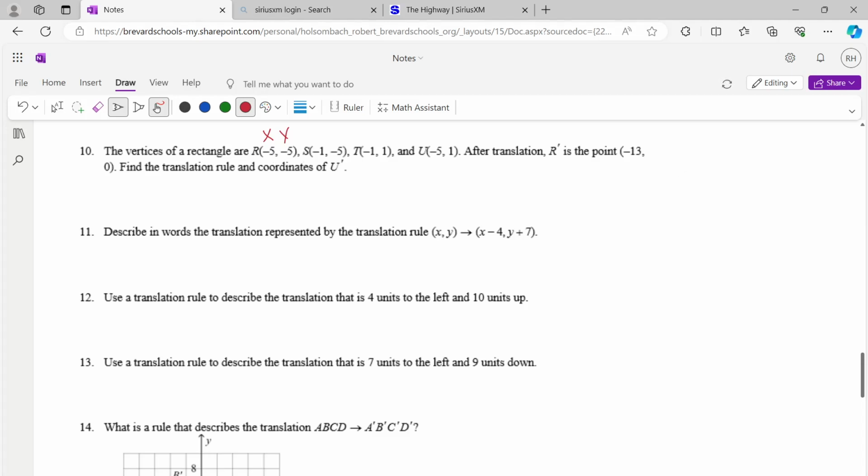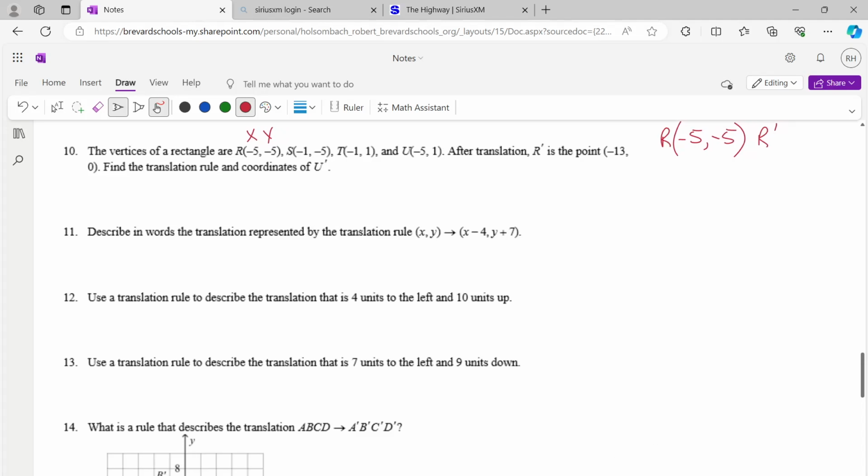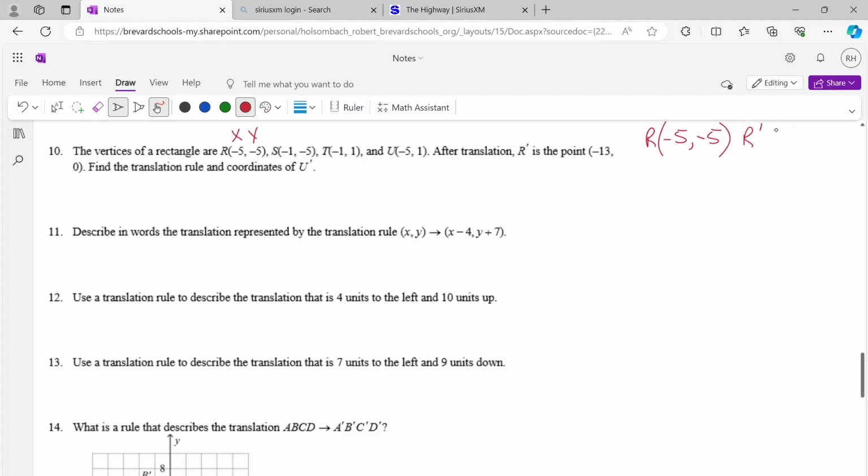R was at -5 and -5. And then R prime is at -13, 0.